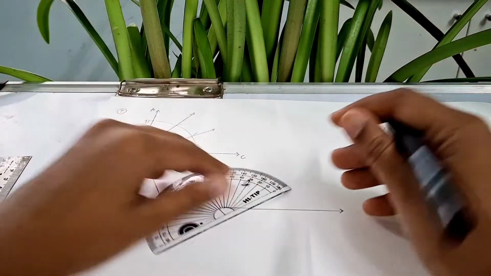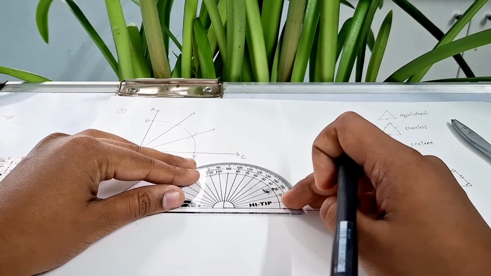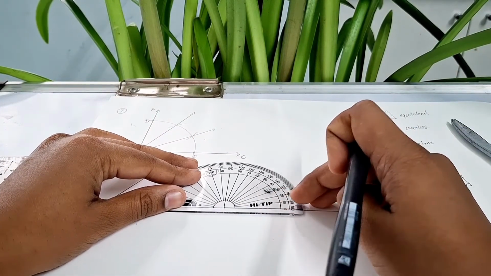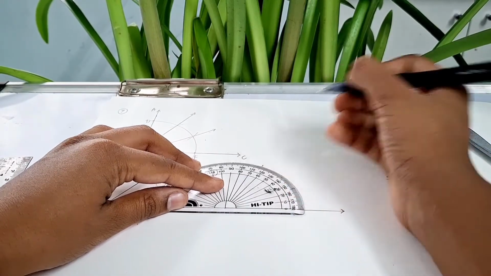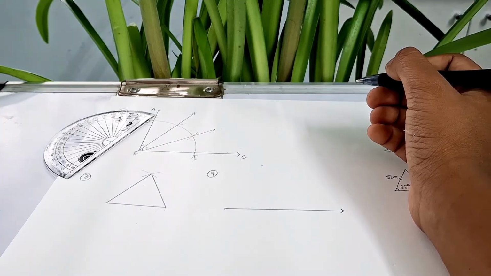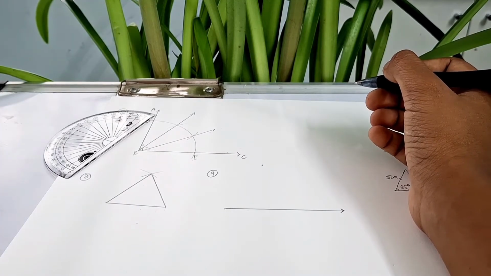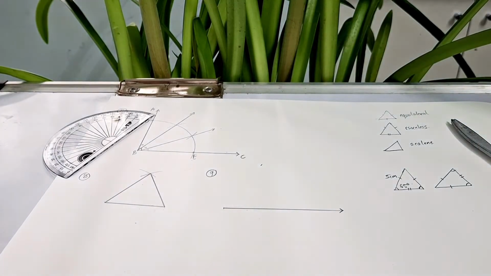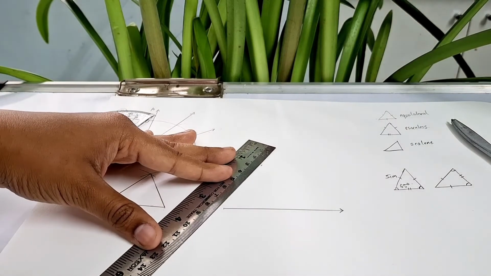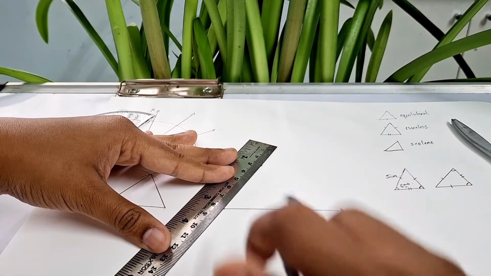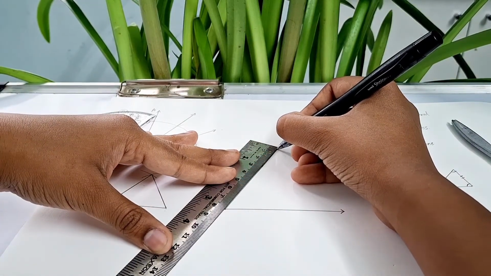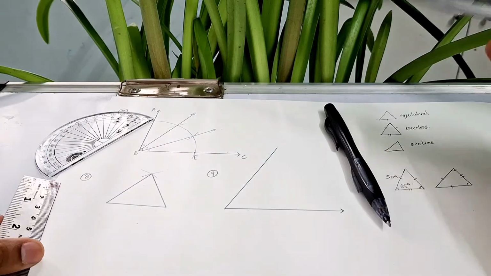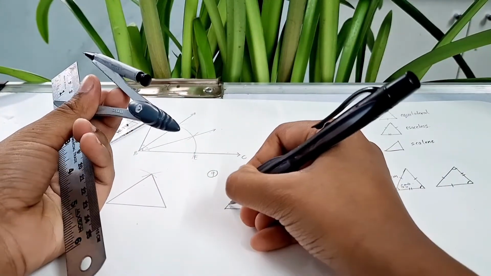Now with the help of the protractor I will measure 65 degrees, because one of the two angles is 65 degrees. We have constructed the angle that was 65 degrees.